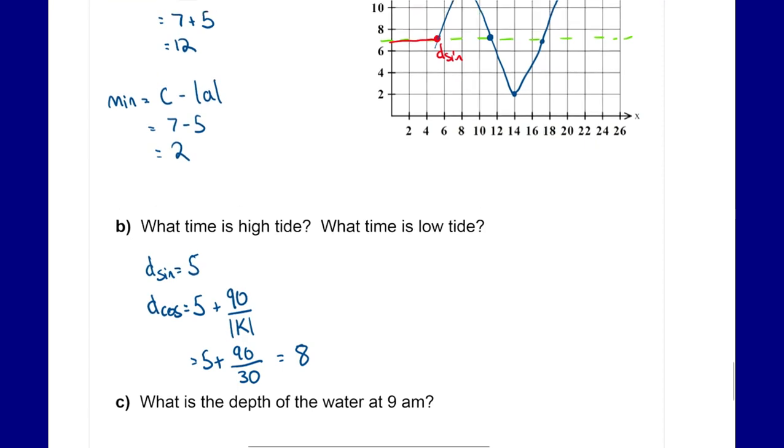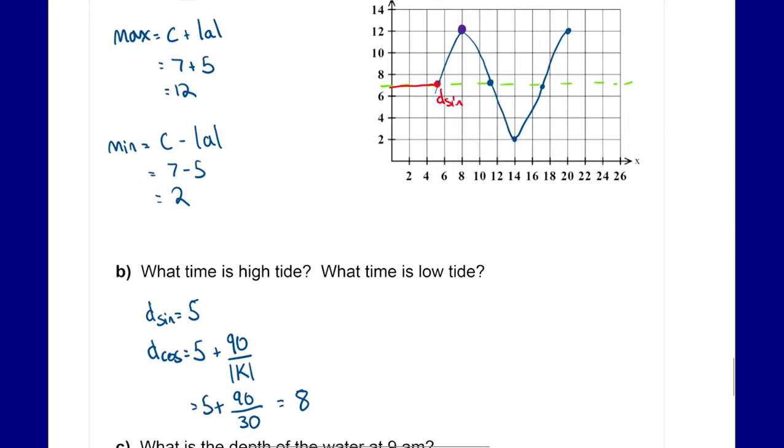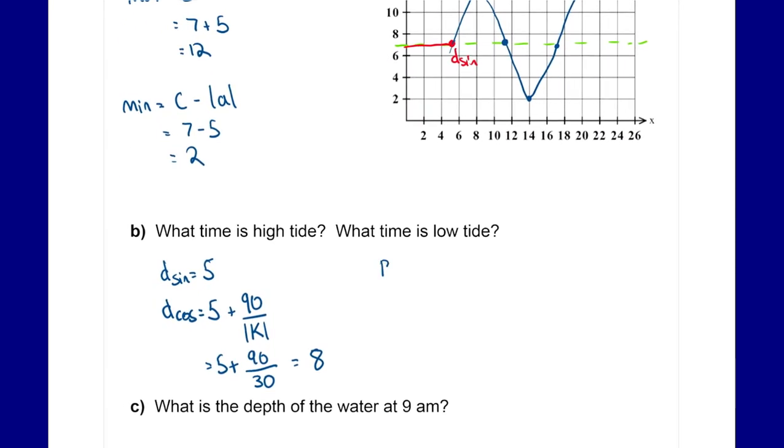We also can determine our period. The period is going to equal 360 divided by k, or 360 divided by 30, which equals 12.